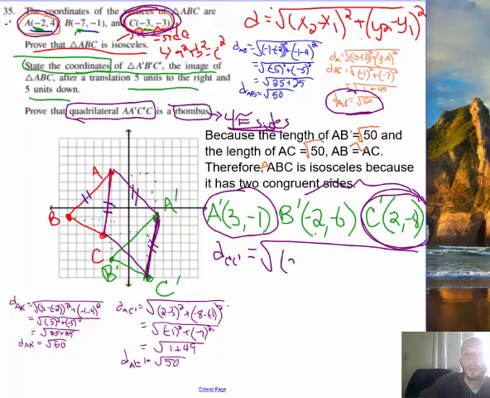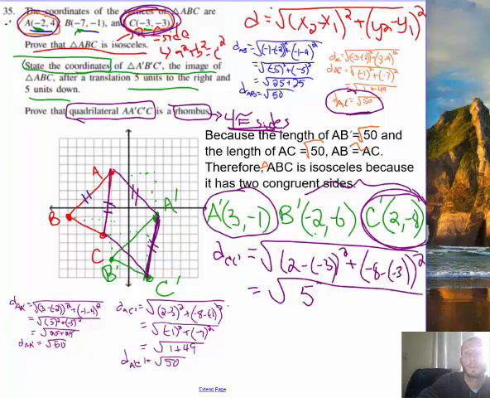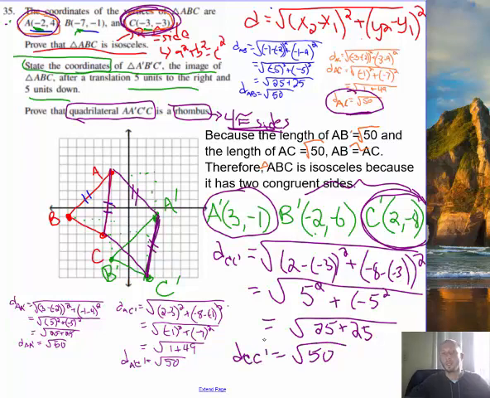So we got 2 minus negative 3 squared plus negative 8 minus negative 3 squared, which gives us what look like good numbers, 5 squared plus negative 5 squared, which is the square root of 25 plus 25, which is what we were hoping for, the square root of 50, and that's the distance from C to C prime.